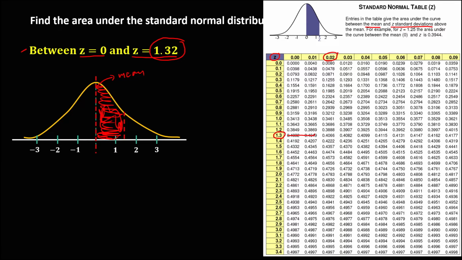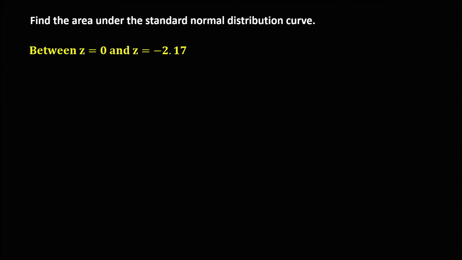Then you connect to find the area. So therefore, the area between 0 and positive 1.32 is 0.4066.